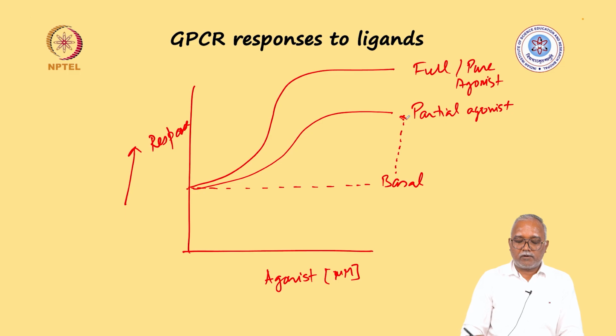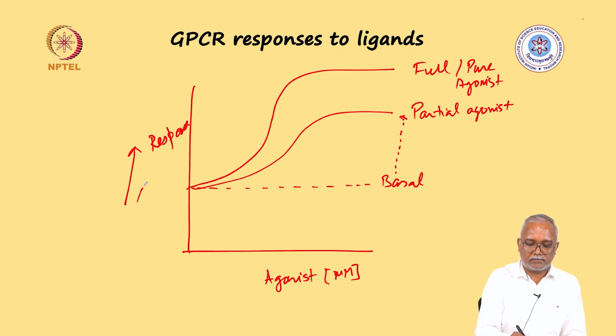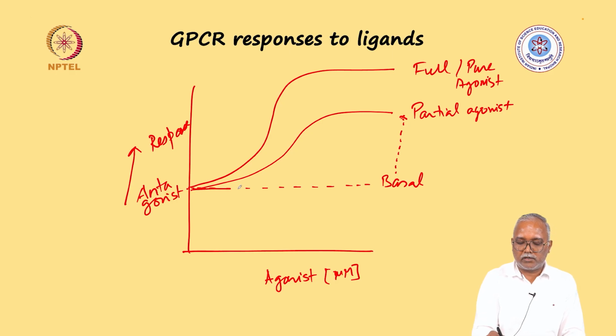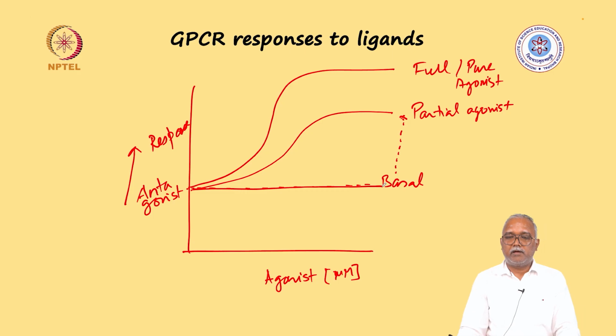If you think about the antagonist, this will ensure that this basal activity is there and this activity is inhibited, not that it is activating the receptor and the kinase, or it is not the receptor which is getting activated, rather it is ensuring that no activity moves out of the receptor.